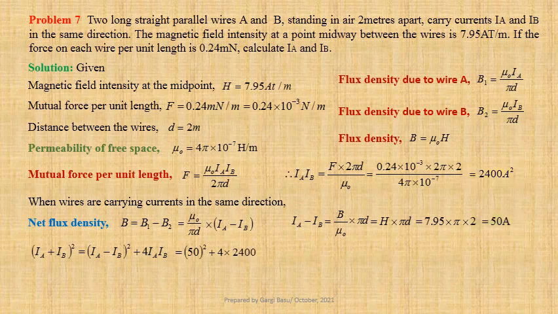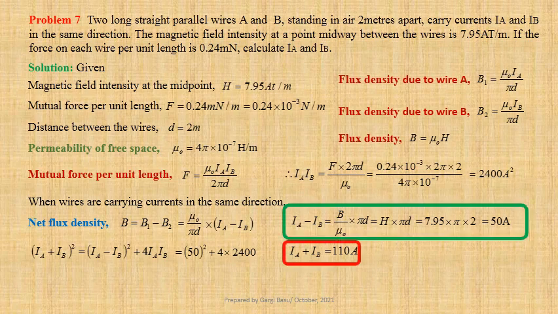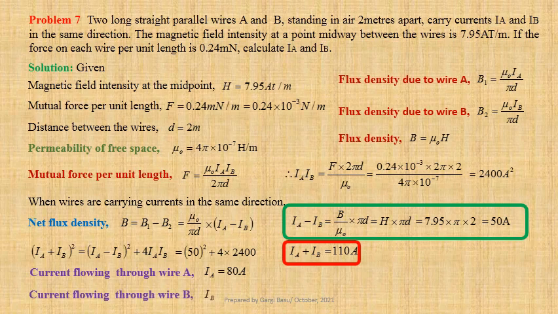From this equation we get IA plus IB equals 110 ampere. Solving the above two equations we get current flowing through wire A, IA equals 80 ampere, and current flowing through wire B, IB equals 30 ampere.